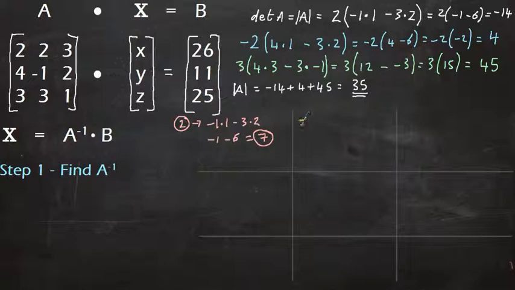The cofactor of the second element, which also happens to be 2, is going to be 4 lots of 1 take away 3 lots of 2, which is equal to 4 take away 6, which is equal to minus 2.